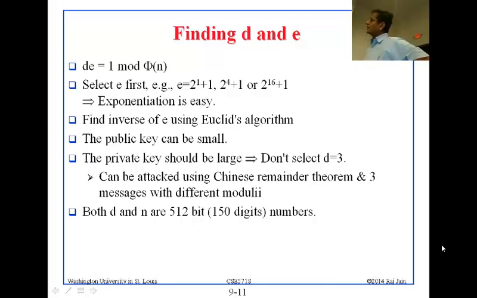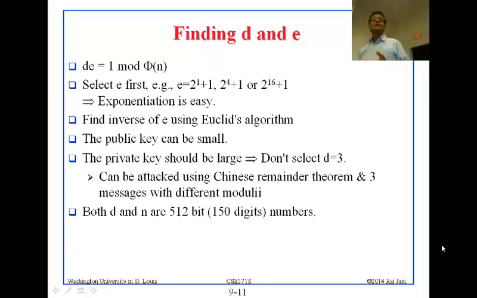So generally what we do is we take E to be a very small number. So E could be 3, 5, something very simple like this, or 2 raised to some power plus 1, because then we can get any message raised to E very easily. If E is 3, then raising something to power 3 just requires squaring it and multiplying it by itself.